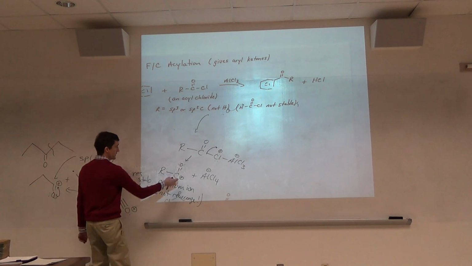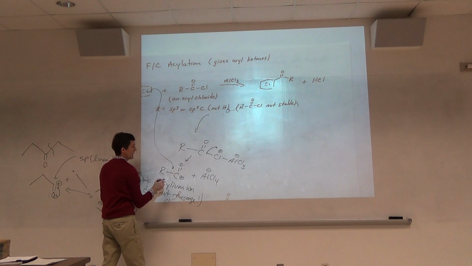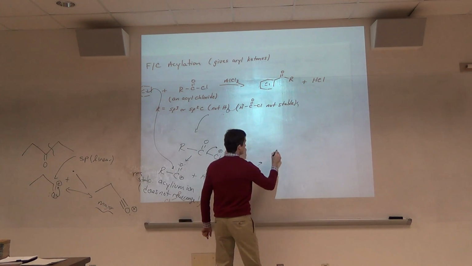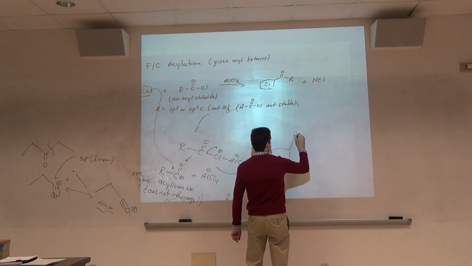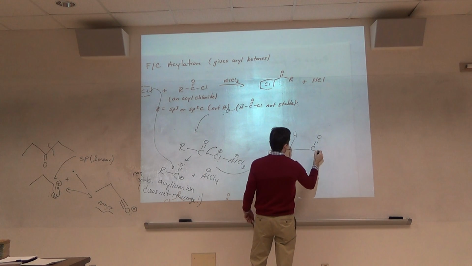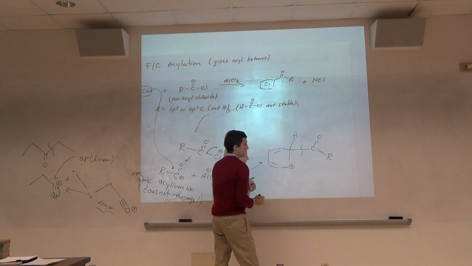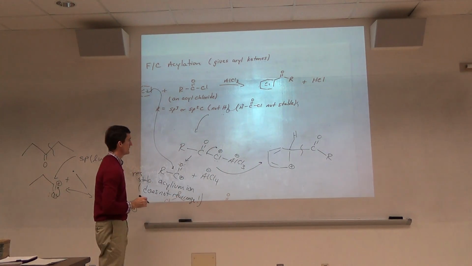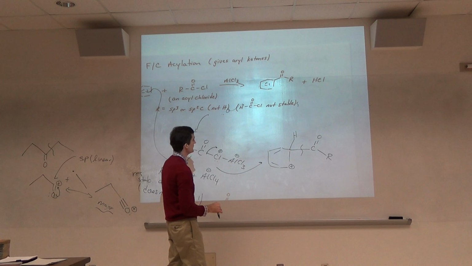Now once you get your carbocation, the benzene ring attacks. What does that give? It gives you a sigma complex with an H there. I'll draw in the carbon. We just made that bond. Plus charge there. Here's your resonance stabilized sigma complex intermediate.